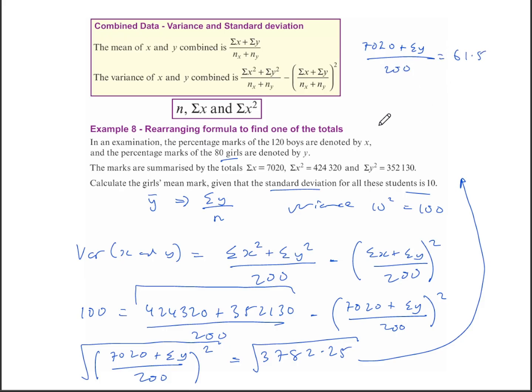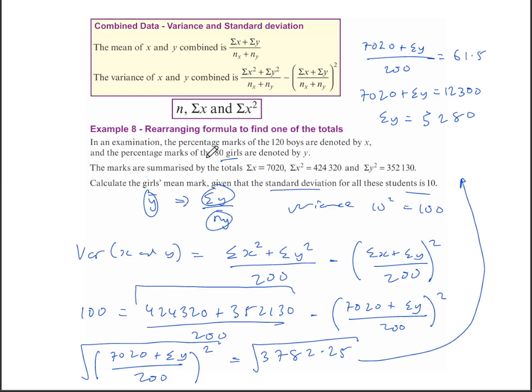We can times 200 on both sides. We end up with 7020 plus the sum of y is equal to 12,300. Then subtract 7,020 on both sides, and we get the sum of y is equal to 5,280. Remember what we needed? We needed the mean, which was the sum of y divided by n. What n specifically?